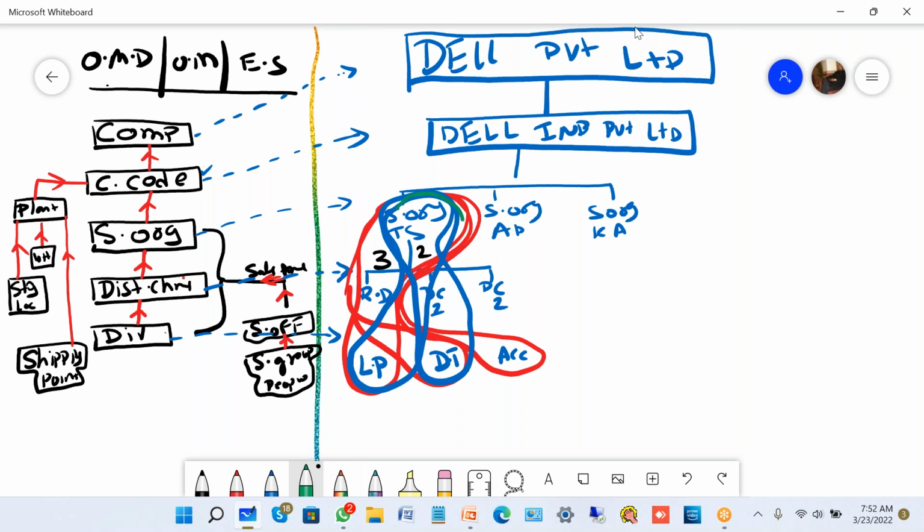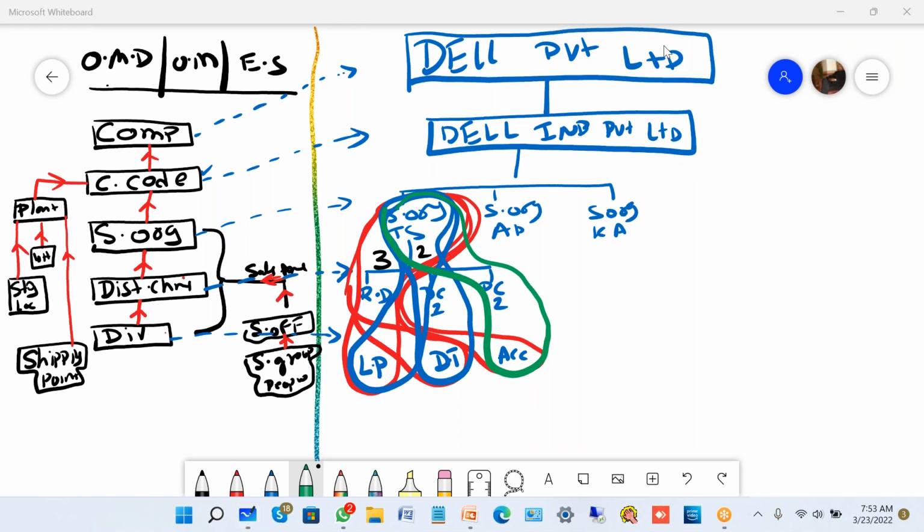Now at the geographical location Telangana, DC3, distribution channel 2, he's only authorized for accessories, no laptop, no desktop. See, this is what happens, right? Whenever we go shopping, you ask for something, the store person may say it is not available with us, you go to that outlet. So according to the market, the product lines are initiated.